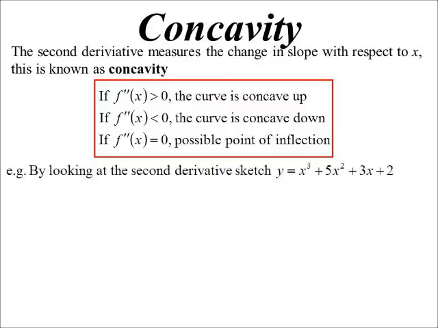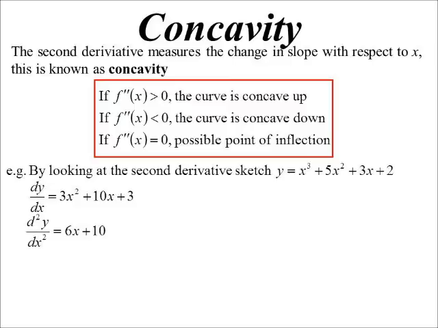Okay, all I'm going to look at is the second derivative, so it's going to be a very rough sketch. I'm just going to look at the curve's concavity, and that'll give me an idea of the shape of the curve. Well, before I can find the second derivative, I've got to find the first derivative. There it is: 3x squared plus 10x plus 3. Differentiate a second time: 6x plus 10.